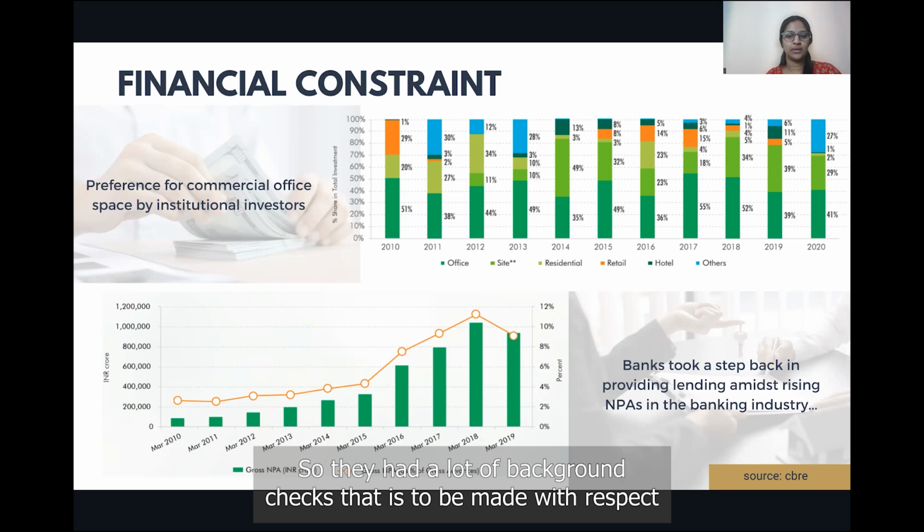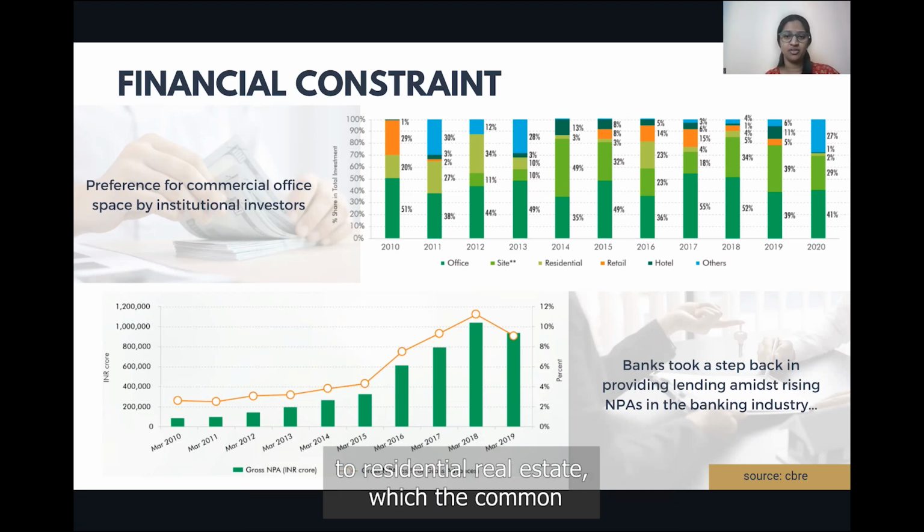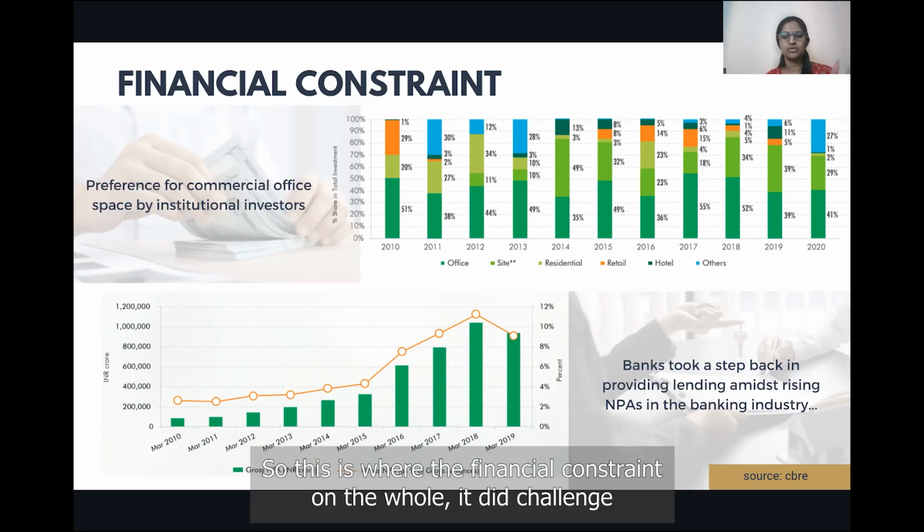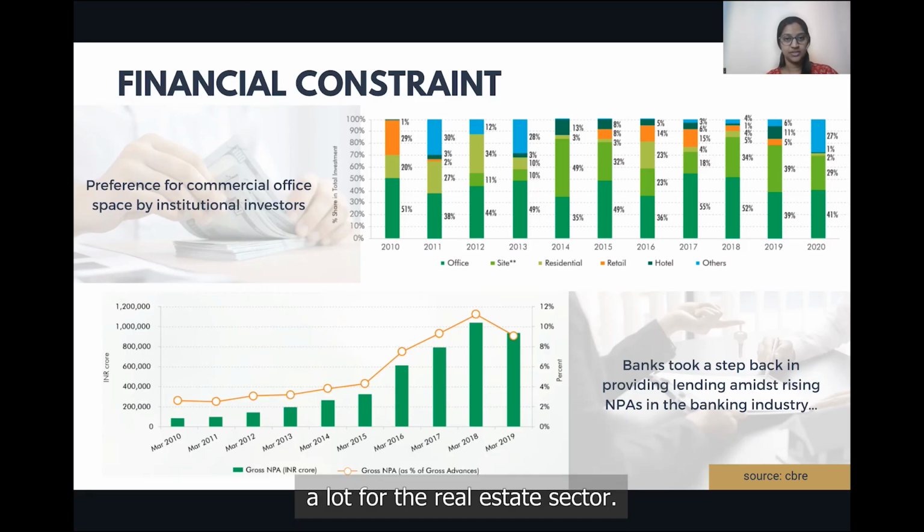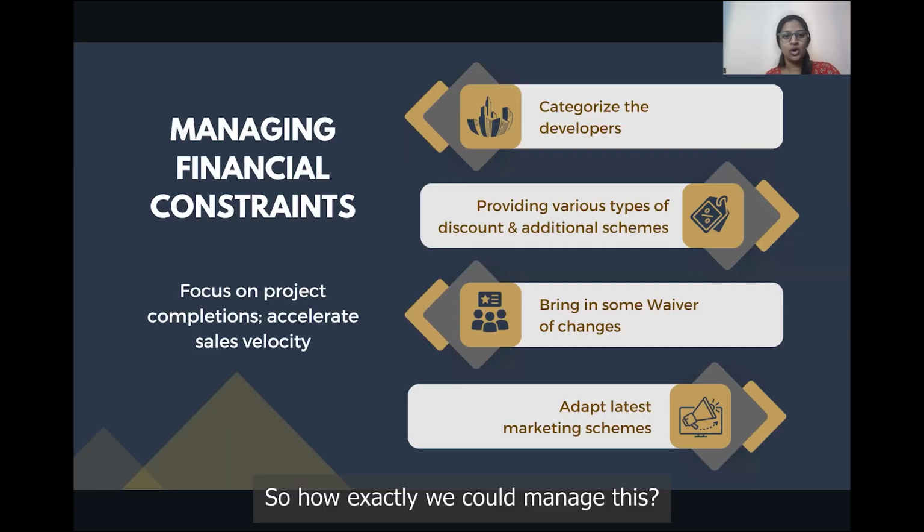They had a lot of background checks to be made with respect to the residential real estate that common people would be investing in. So the financial constraint on the whole did challenge the Indian real estate sector a lot. So how exactly could we manage this?